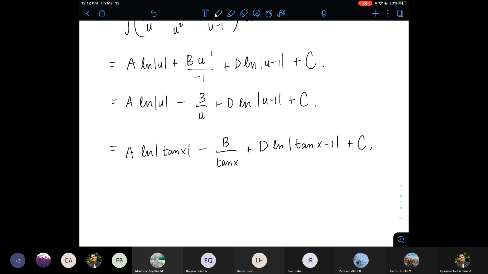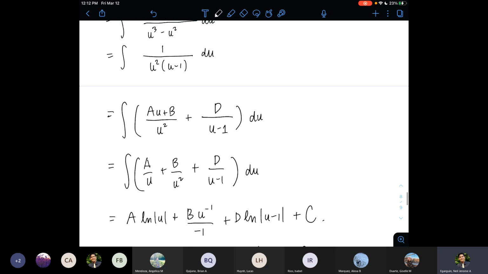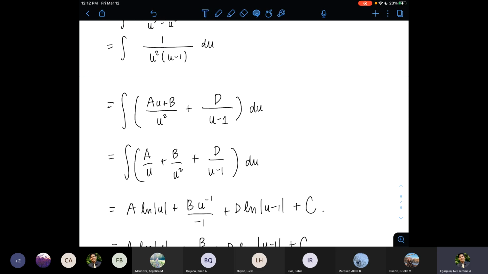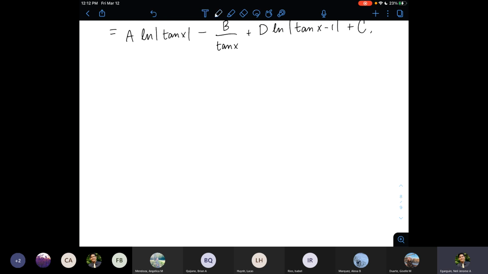All right. Now I'll solve for the values of a, b, and d. And for that, I need to use my partial fraction decomposition. Okay, copy. So remember what we are decomposing is 1 over u squared times u minus 1.